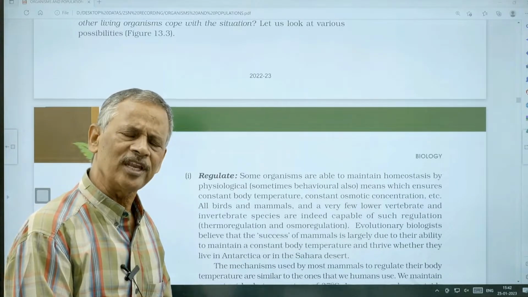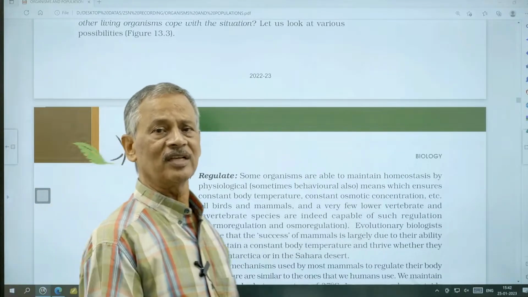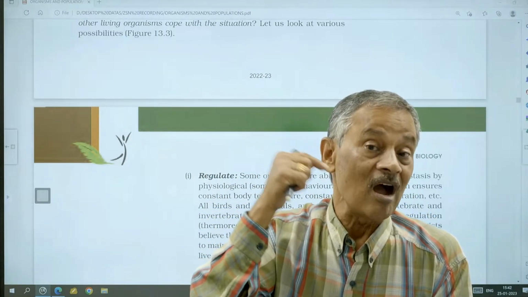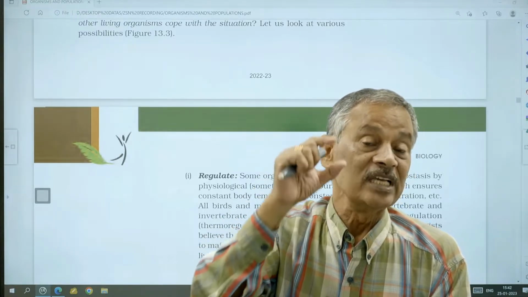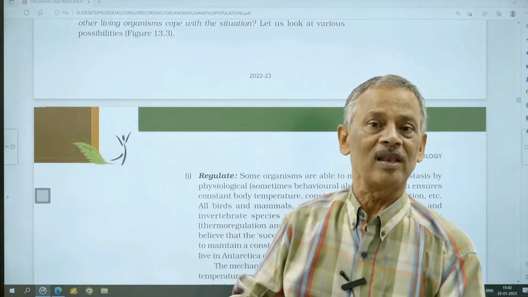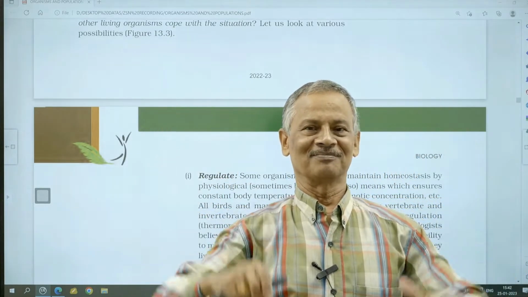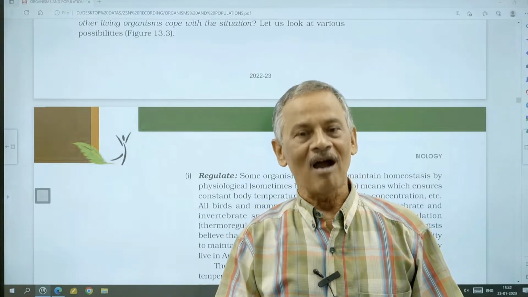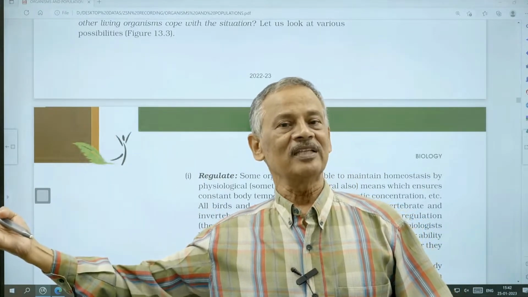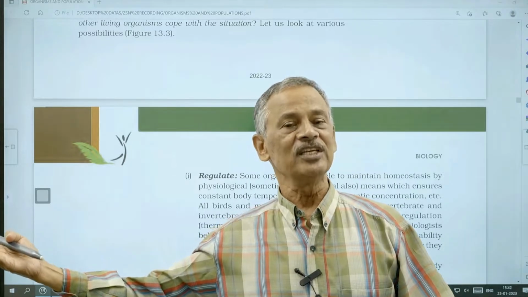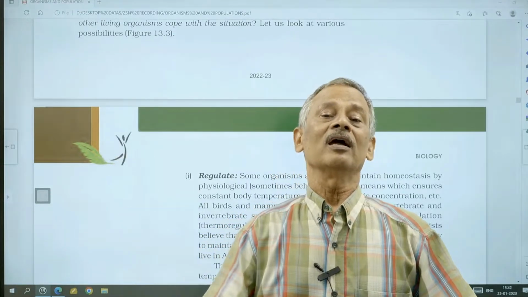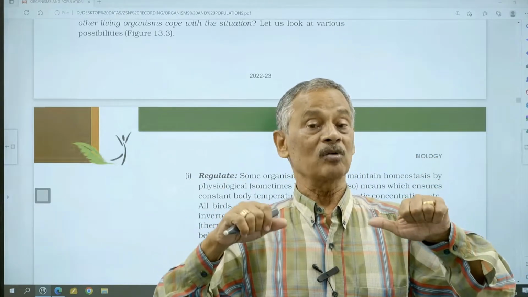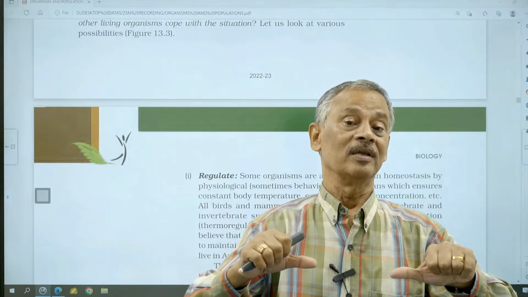What is the advantage of spending so much energy for maintaining a constancy? Since the metabolism is always at the same level, which is at the maximum, optimum level, they are most fit. They are physiologically fit. Okay, always. Whether the conditions outside are changing or they are all adverse, they are all fit to live because their metabolism is always the same.